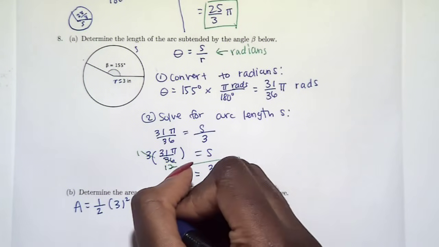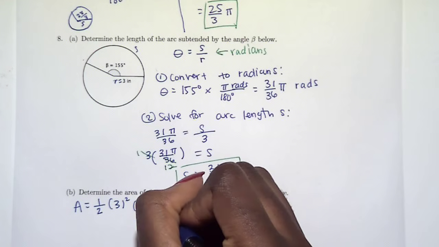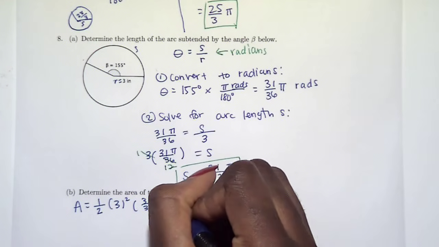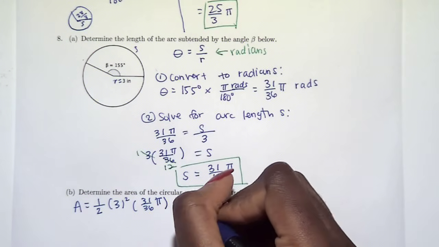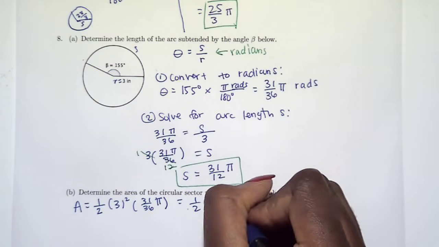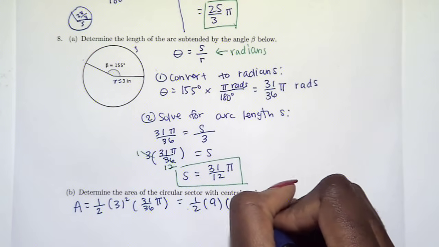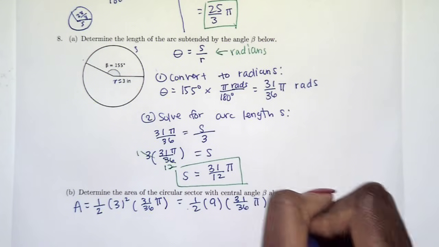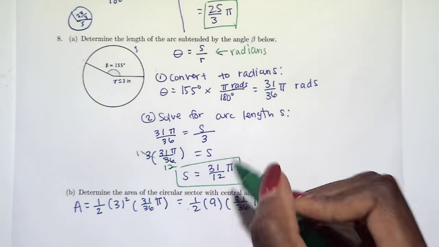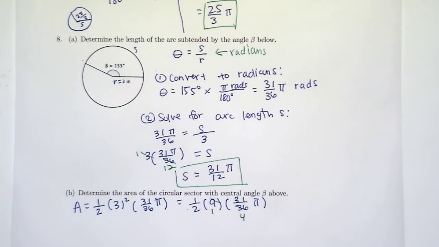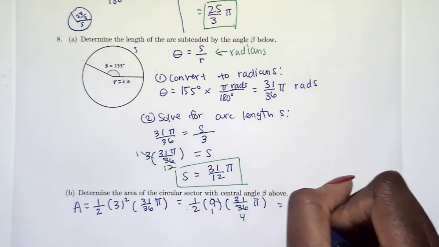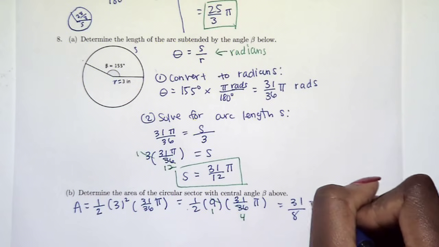Angle must be in radians. Okay, so that's 1/2 times 9 times 31 over 36 times pi. 9 goes into 36 4 times. So we have 31 over 8 pi.